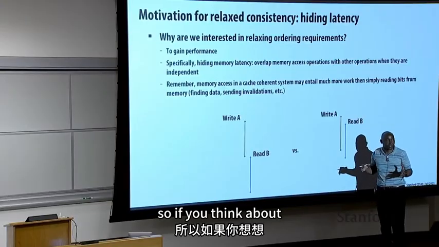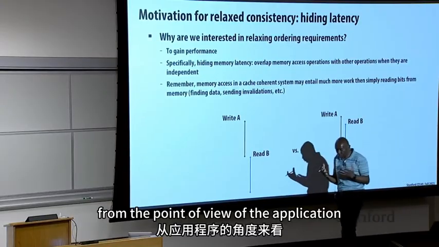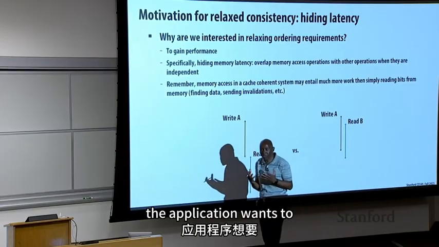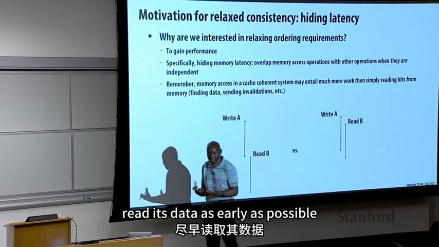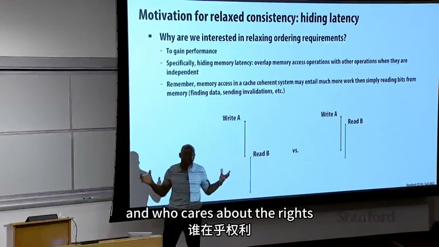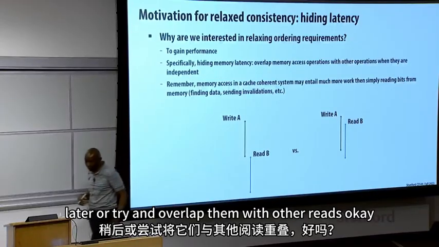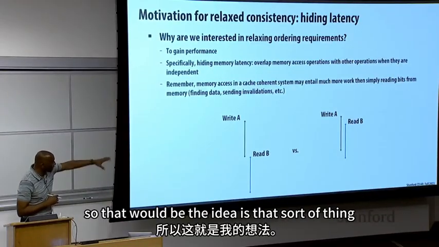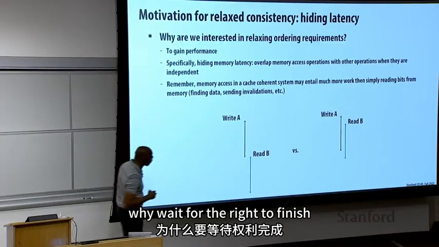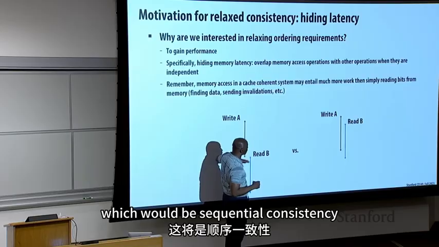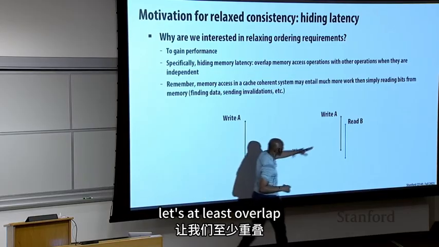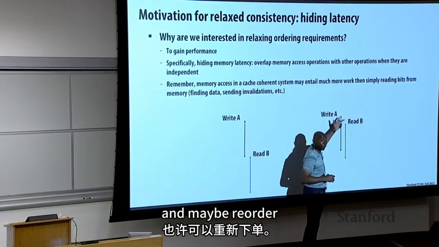From the point of view of the application, it wants to read its data as early as possible, and who cares about the writes? You can push them off later or try and overlap them with other reads. So why wait for the write to finish, which would be sequential consistency? Let's at least overlap and maybe reorder.